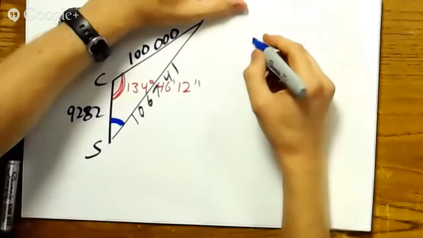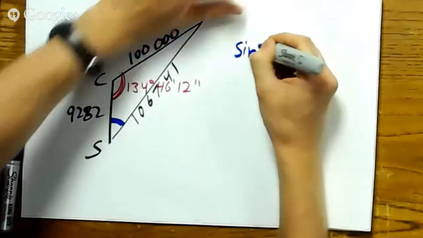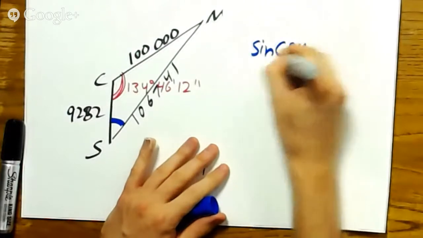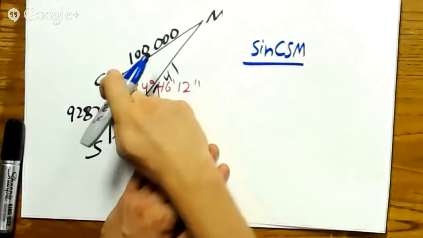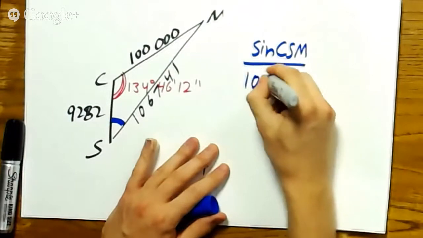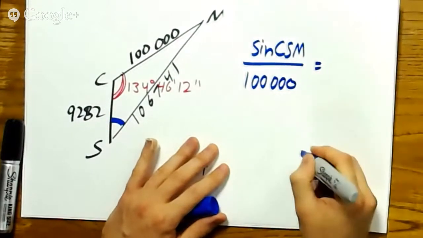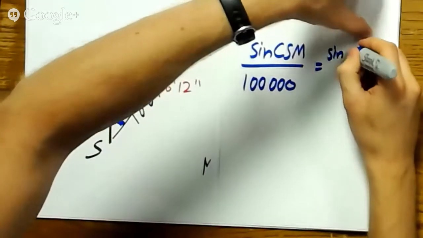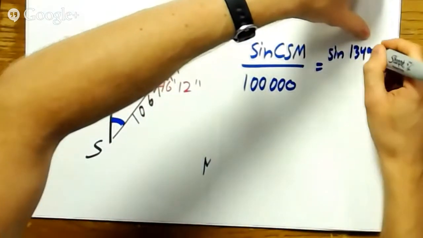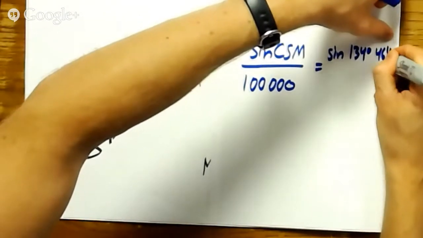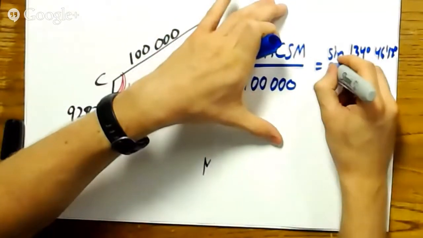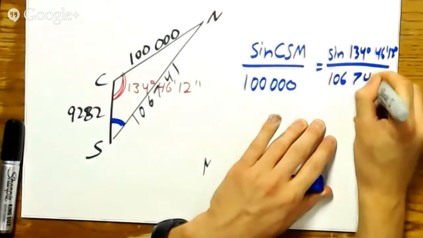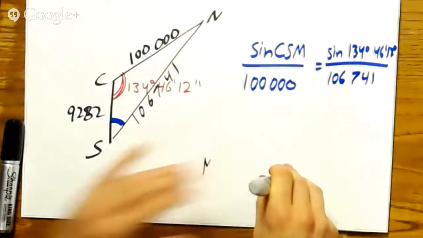So then we'd have the sine of the unknown angle, CSM, over its opposite side, 100,000, equals the sine of 134, 46, 12 over 106,741. I like this plan.